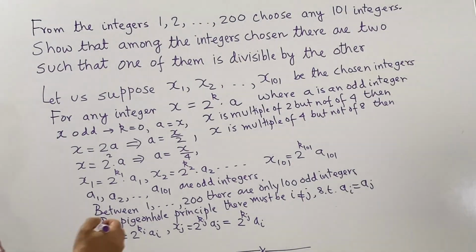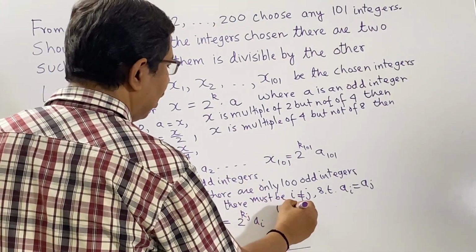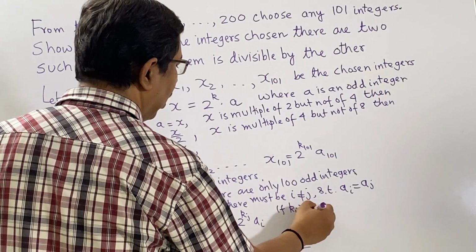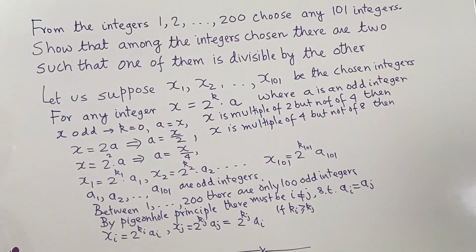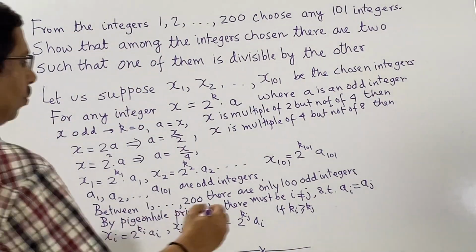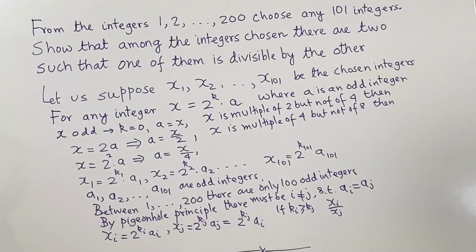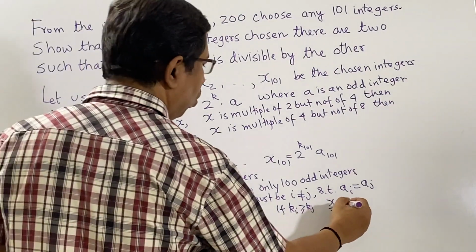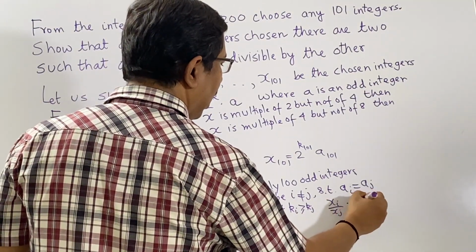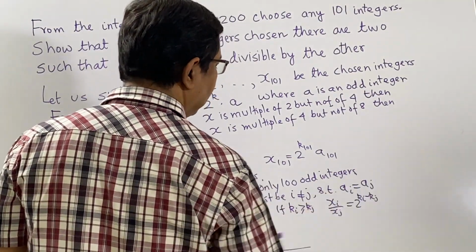Now if ki is greater than or equal to kj, then xi by xj is 2 to the power ki minus kj.